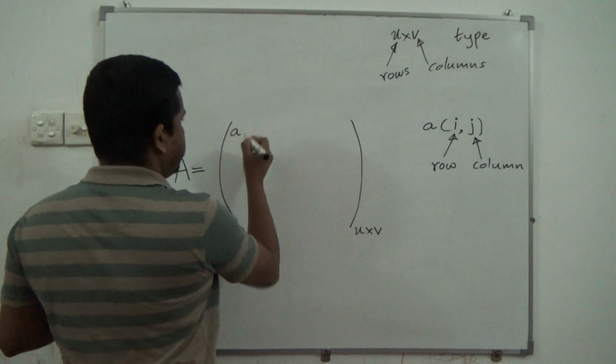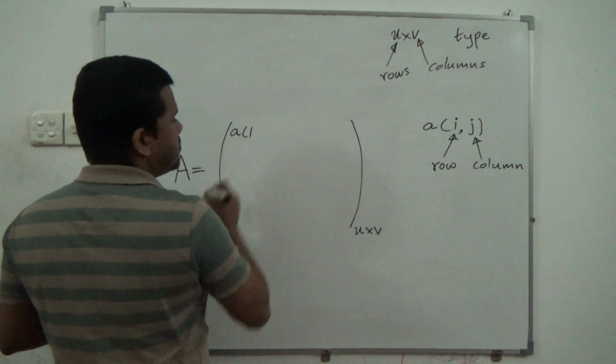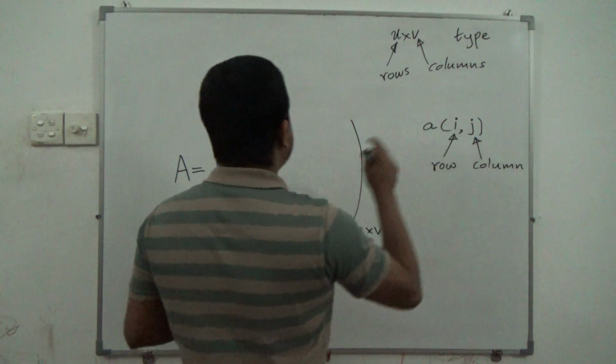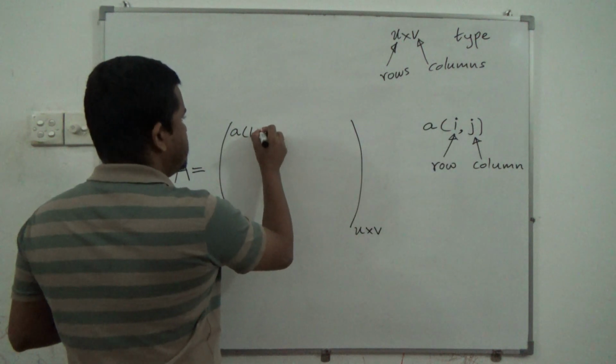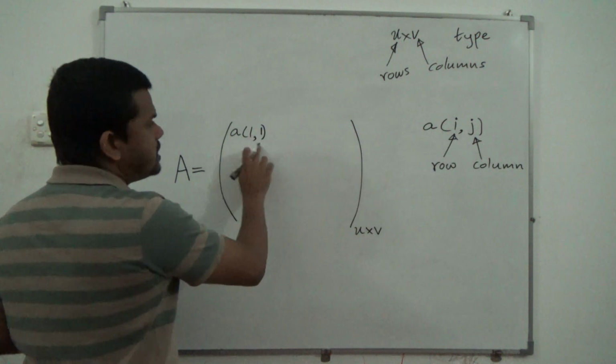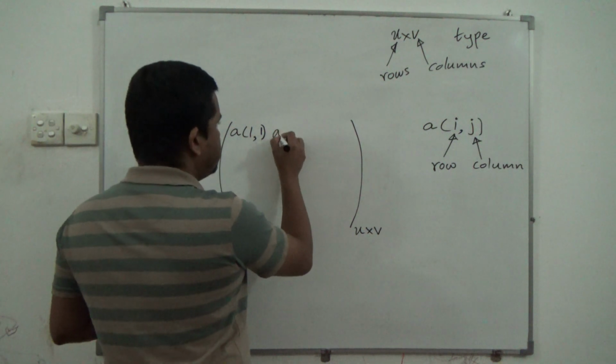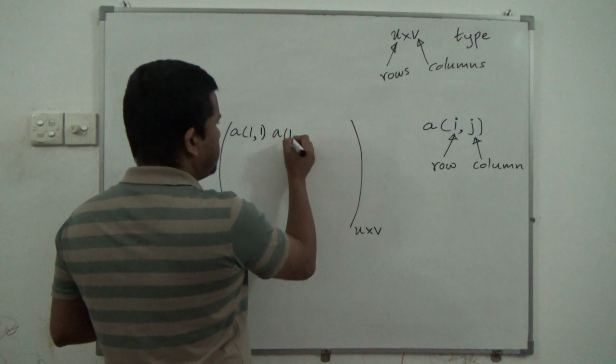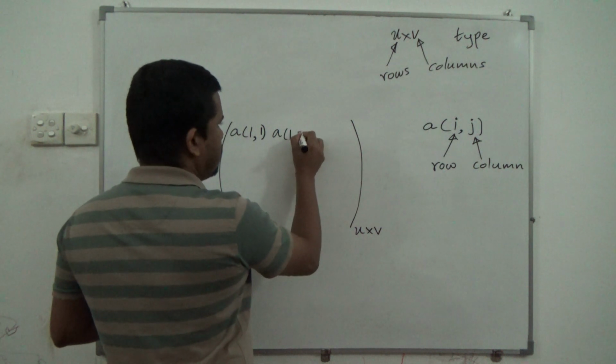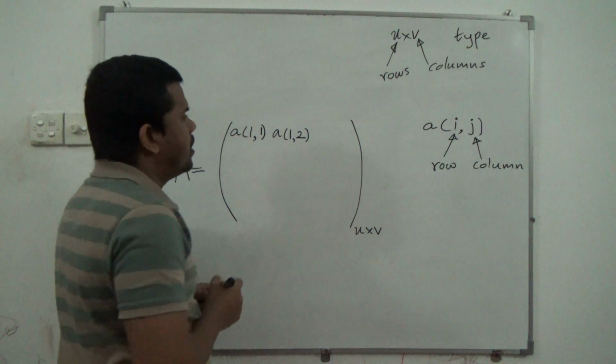Here a, row number is 1, column number is 1. This is the first element in the first row. Now the second element of the first row, row number is 1, column number is 2.